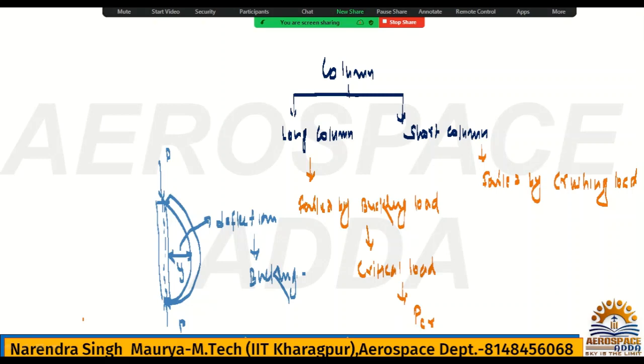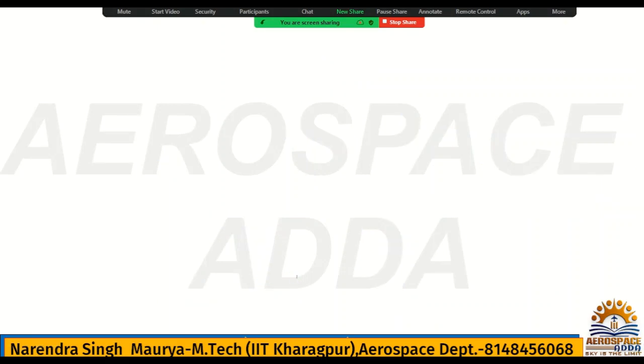As I mentioned, long column and short column are defined with the help of the slenderness ratio. So what is the slenderness ratio? That also we need to discuss. I will write it first, then we'll go for the different types.